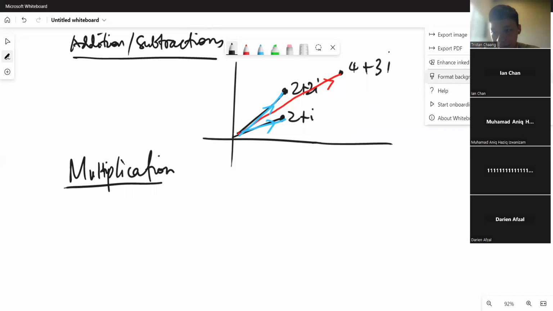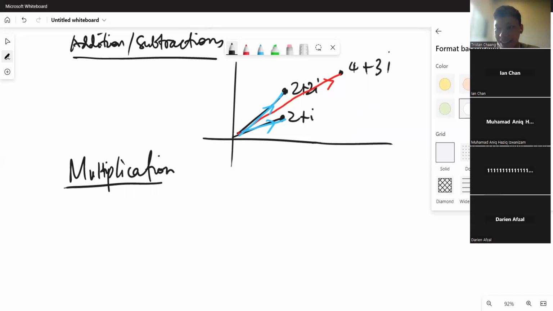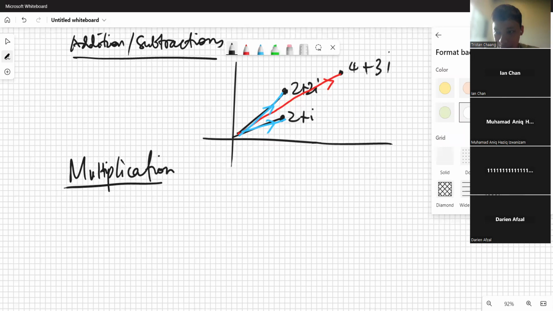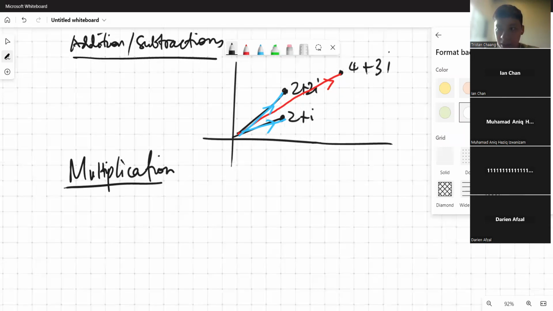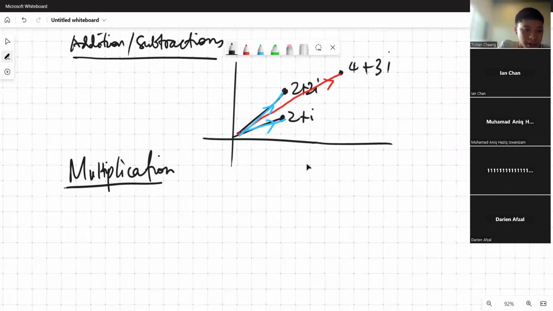Okay, 1 plus square root 3i. Okay, you seem to love that number a lot. Okay, let me look at the grid. Yeah, that should be better. Okay, another one. So one of you gave 1 plus square root 3i.